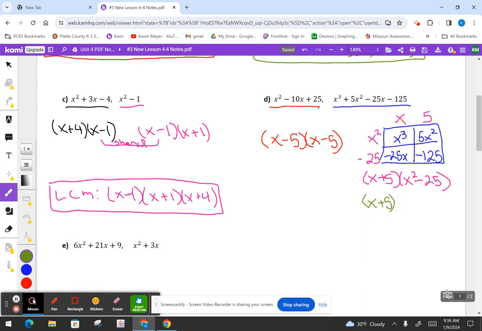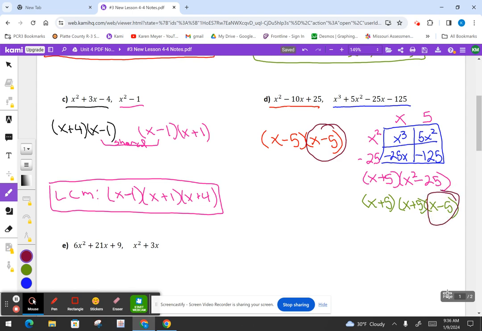So multiplies for negative 25 that adds for 0 is a positive 5 and also a negative 5. Okay, now I broke everything down as far. So what's shared? So an x minus 5 and an x minus 5 is shared.